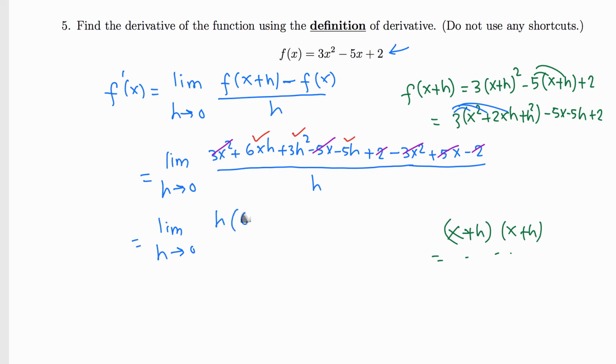So that leaves 6x plus 3h minus 5 all over h. Okay, then once we factor h out, we can cancel, because h times everything. So we can cancel h, and in the next step we simply plug in h equals 0. So 6x plus 3 times 0, 0 minus 5, so 6x minus 5. Okay, that's the final answer.